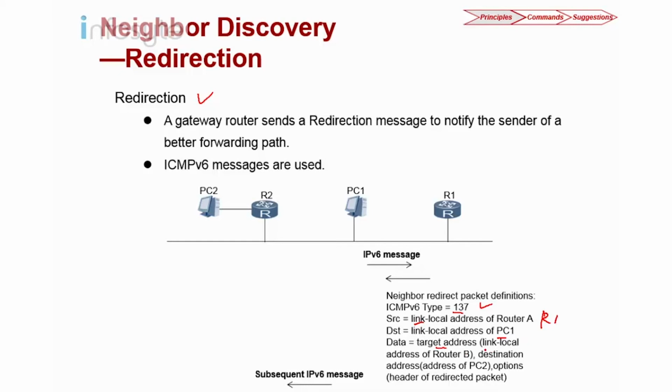The target in this case is router 2, which is in this case B, and the destination address is PC2. Alright, so inside the header, remember that in IPv6 we have a next header. There is one called redirect packet. Now subsequently, when PC1 wants to go to PC2, it's going to send to router 2 instead of router 1.